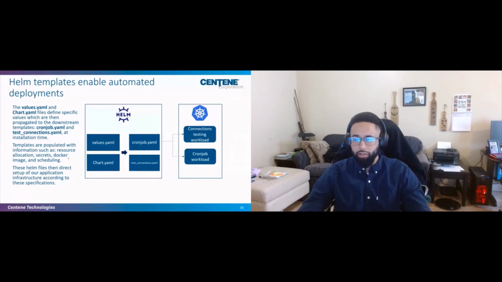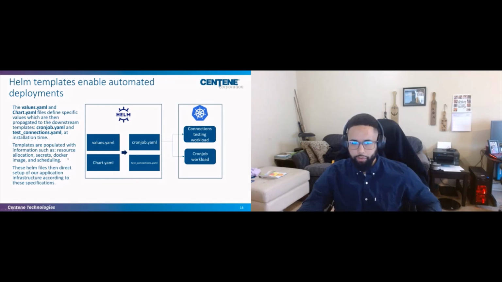It contains secrets, which are any sort of config variables or sensitive credentials you might have in your environment. They will be called from some sort of secrets manager, depending on how you define those. It will contain information on what Docker image and what code you're running. And then in our cron job example, it could contain this scheduling information as well.